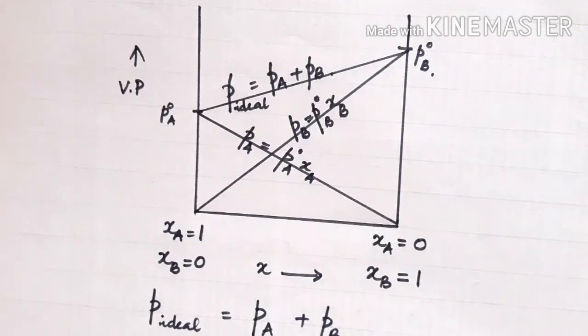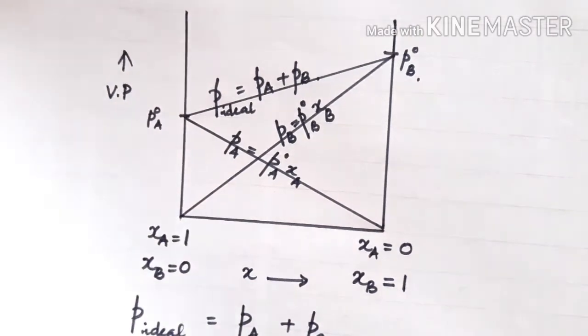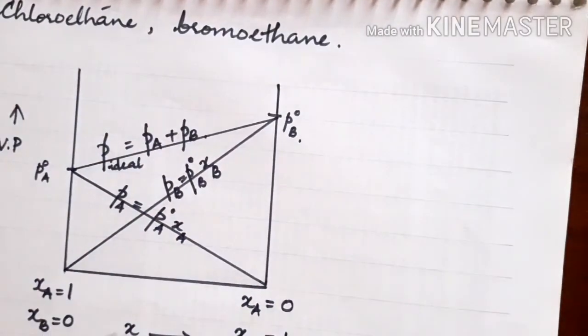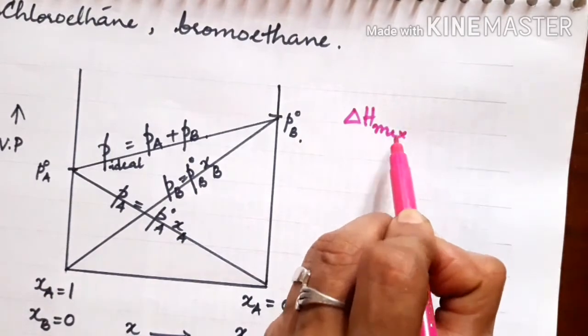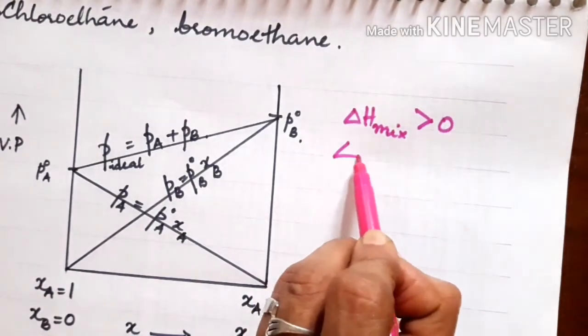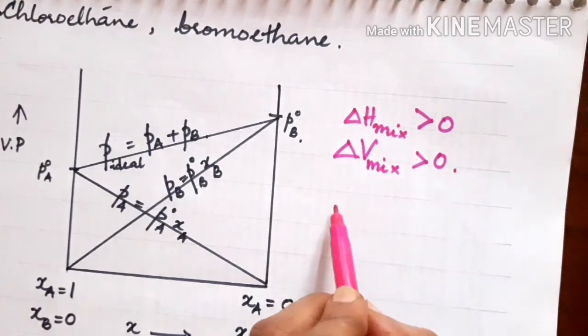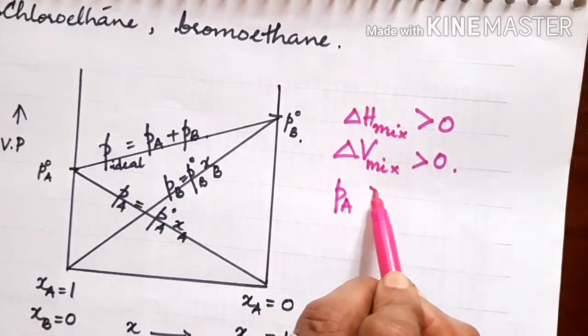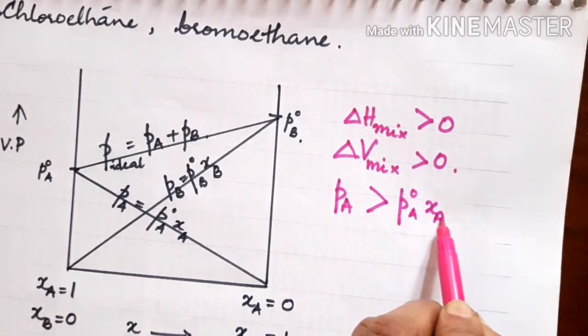The graph seen here shows the representation of a positive deviation. What are the conditions that we have learned? Delta H of mixing must be greater than 0. Delta V of mixing must again be greater than 0. PA must be greater than P0A XA.